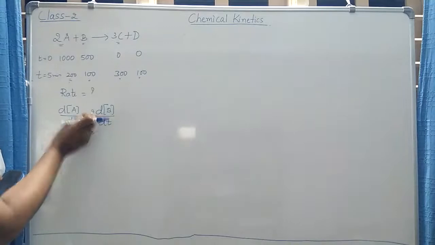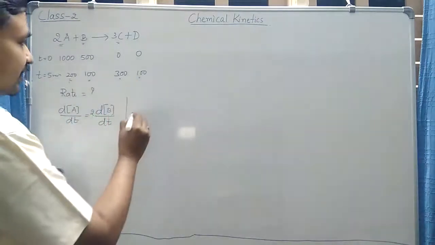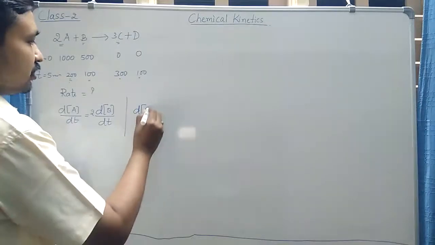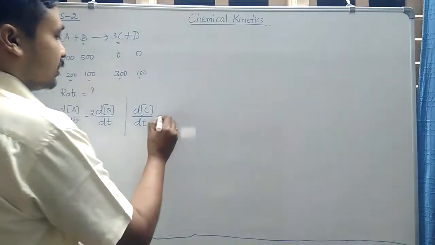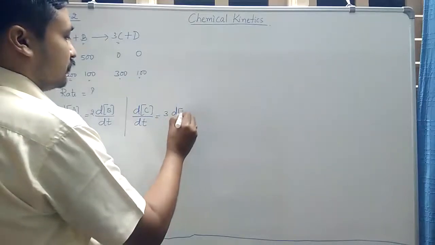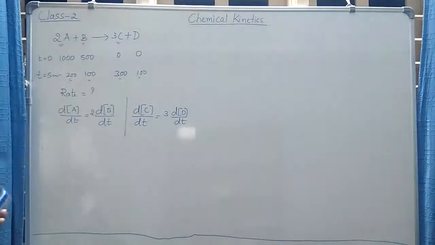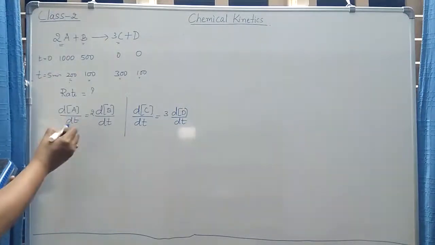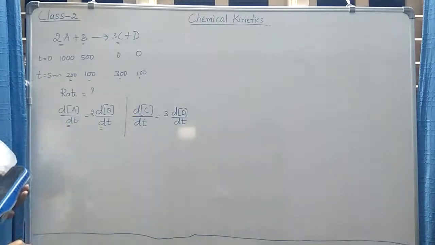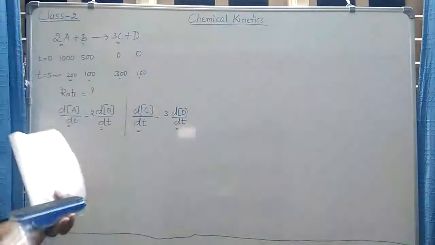How many times is it bigger? It is 2 times bigger. Similarly, on the product side, you can write that the rate of formation of C is 3 times the rate of formation of D. Okay, so in such a case you see that the rates of disappearance of reactants are different from each other. Similarly, the rates of formation of products are different from each other.